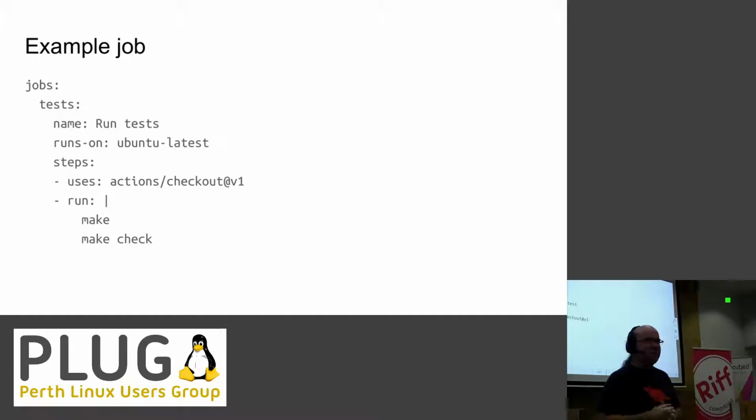I can't remember exactly how many, but in general, if you just wanted to test Linux, Windows, and macOS, you'd use these latest aliases, and you'll always be moving to something current. If you want to check particular ones, you can do that, and it's possible that at some point GitHub's going to remove some of these old ones. They haven't done it yet, but the system is kind of new. So that's the runs-on setting.